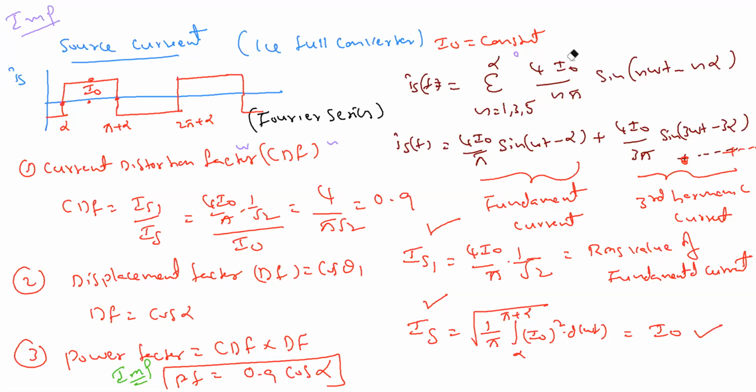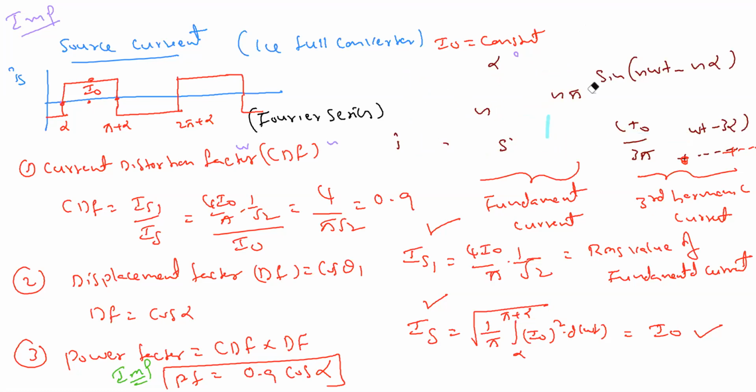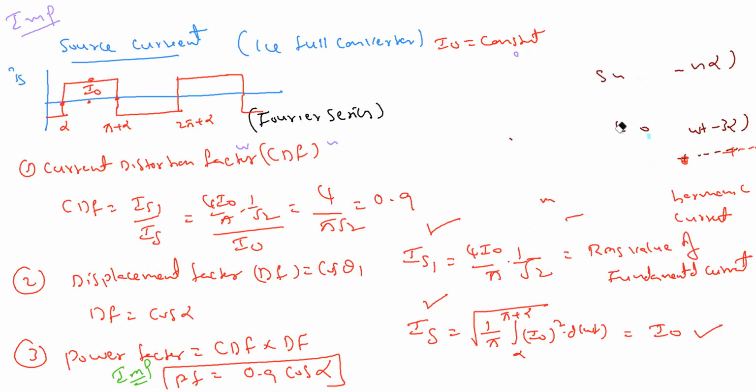Another one, one more: total harmonic distortion. So source side में harmonics होगा, fundamental, first, third, fifth, and so on. Then what is the total harmonic content? That is third, fourth, fifth, and so on with respect to the fundamental one.